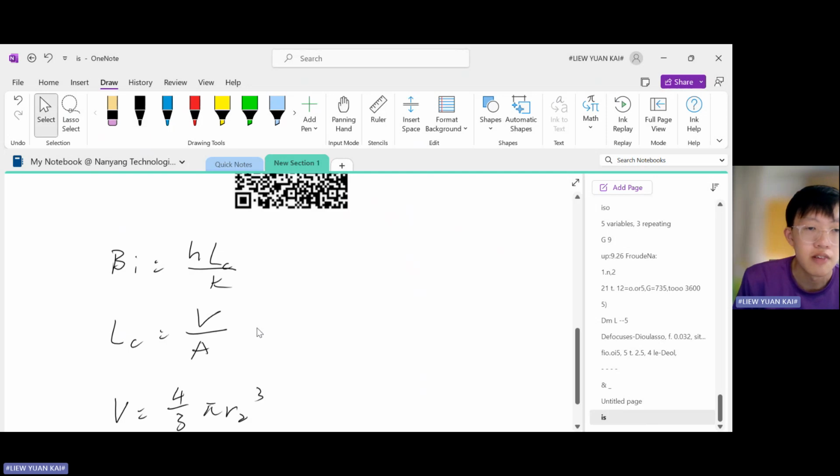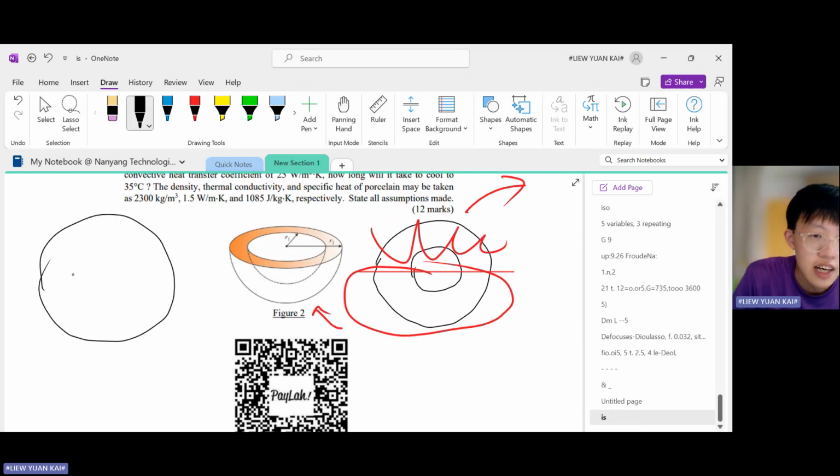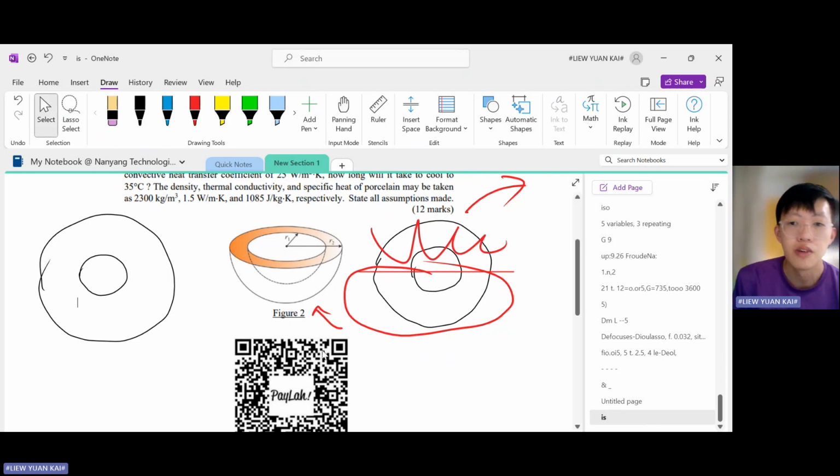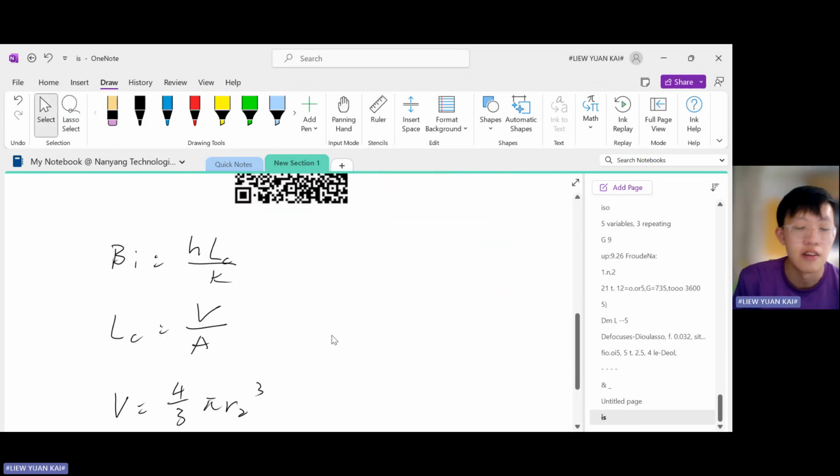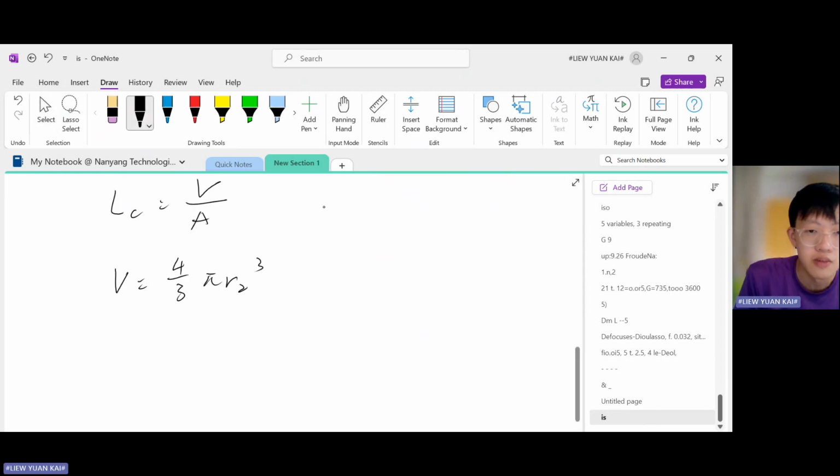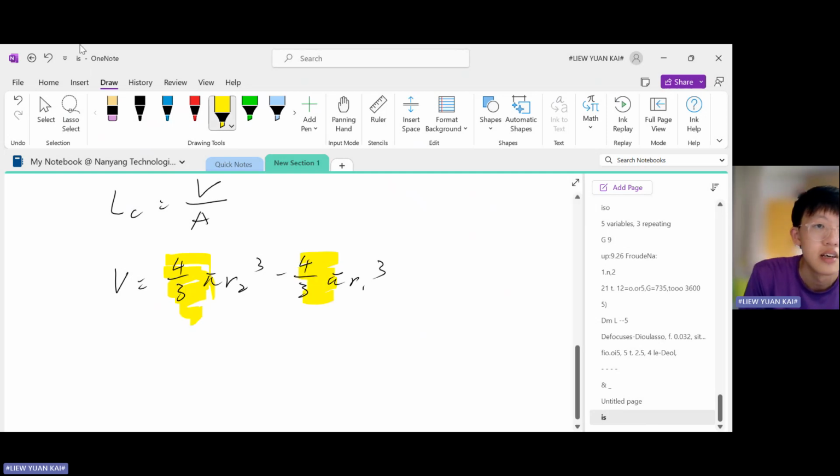The next thing I did is cut out a smaller sphere of radius R1 inside, so you subtract away 4 over 3 pi R1 cubed. To simplify, notice they have a common factor of 4 over 3 pi, so go ahead and factorize that out.